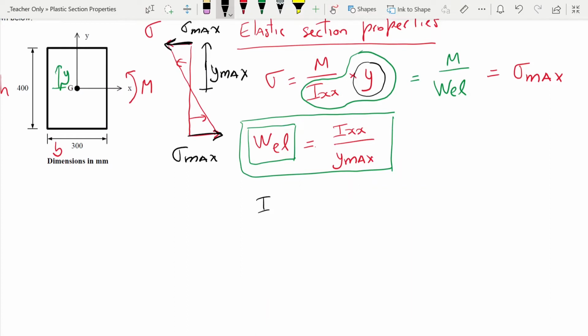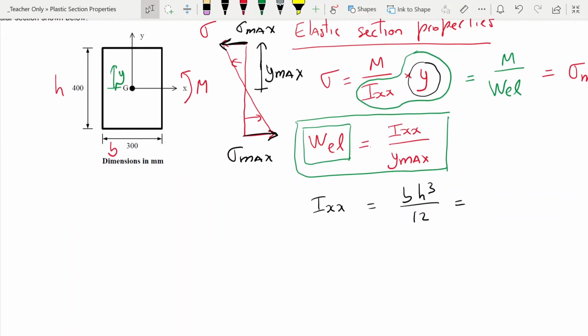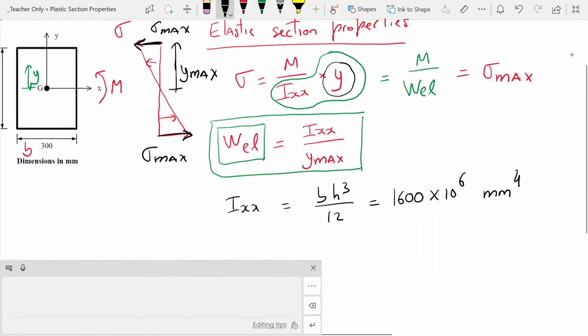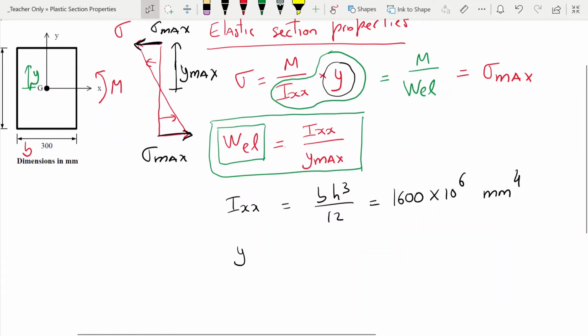So Ixx is nothing more than bh cubed over 12. In this case, if we substitute b with 300 and h with 400, we get that this is equal to 1600 times 10 to the 6, and the units for this is millimeters to the power of 4. y max is just the coordinate of the top or the bottom fiber, is nothing more than h over 2.